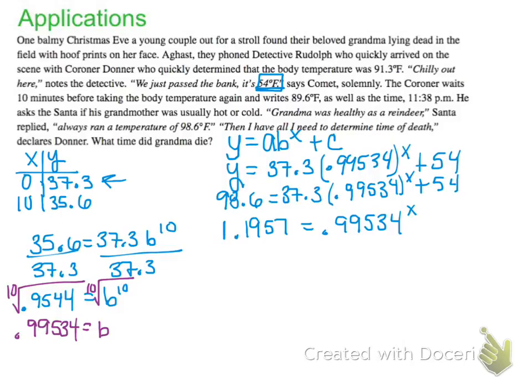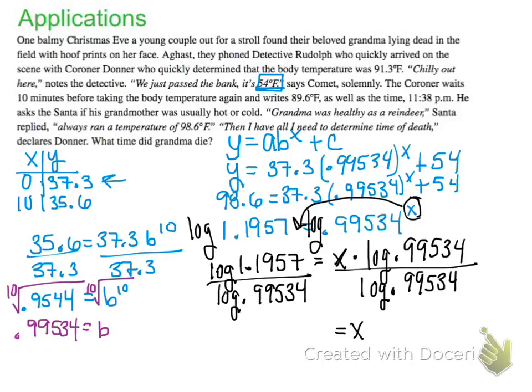Now I have to get that x variable by itself. So this is where you would take the logarithm of both sides, and this allows us to take that exponent and bring it out in front of the expression.